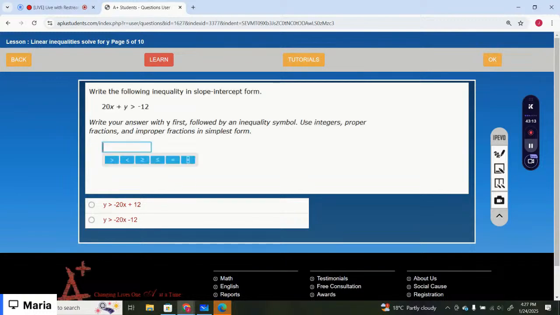Write the following inequality in slope-intercept form. So you have to isolate the variable y. Move 20x to the other side.